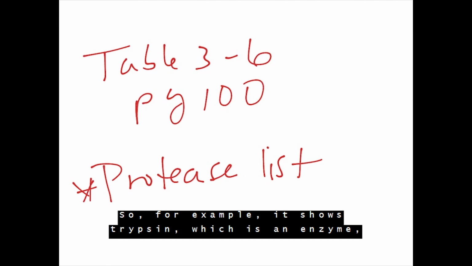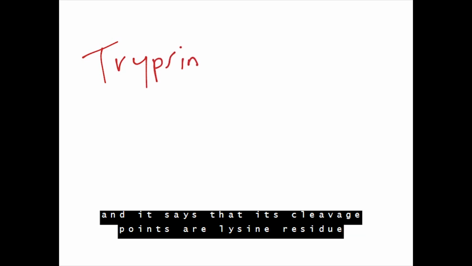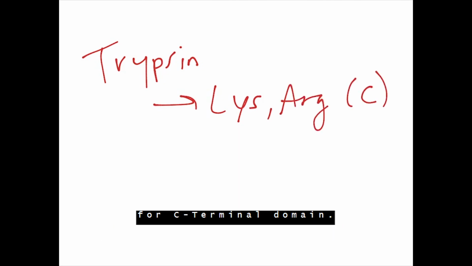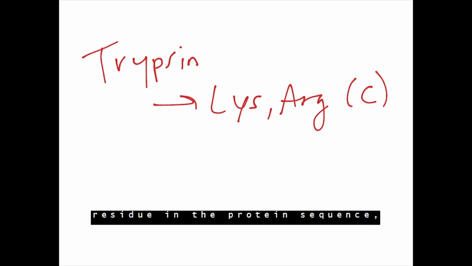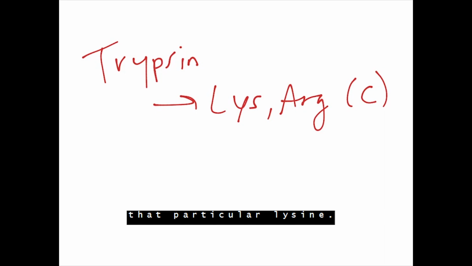So for example, it shows trypsin, which is an enzyme, and it says that its cleavage points are lysine residues and arginine residues, and then it has a C, which stands for C-terminal side. So that means that any time the trypsin encounters a lysine residue in the protein sequence, it will break the peptide bond immediately following that particular lysine, so on the C-terminal side.